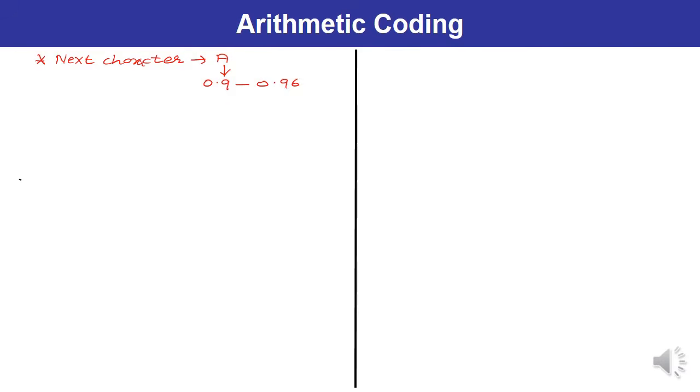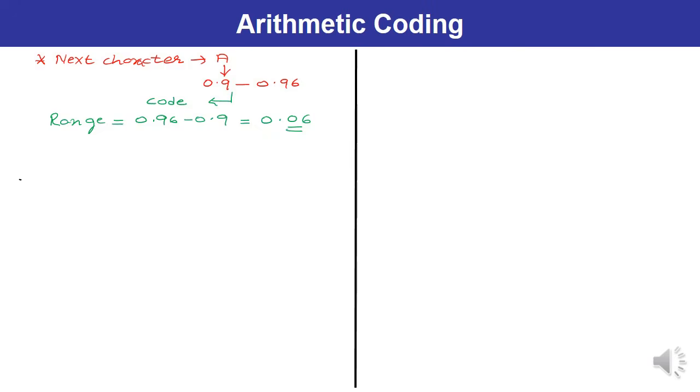It means the code would start in this particular range. Code will be in this range only. And here, what is the range? What is its particular value? The value is 0.96 minus 0.9, which is equal to 0.06.